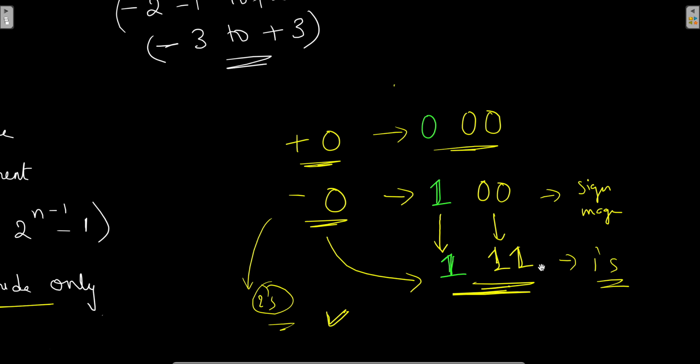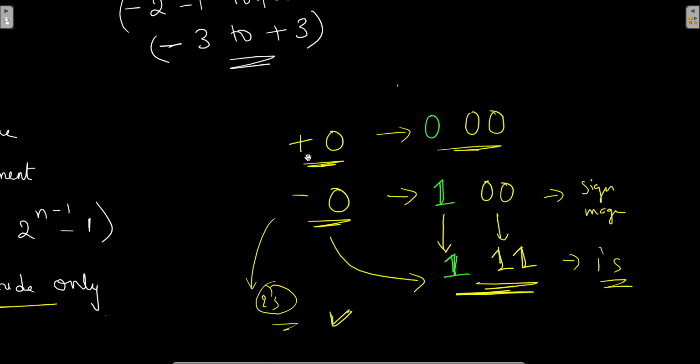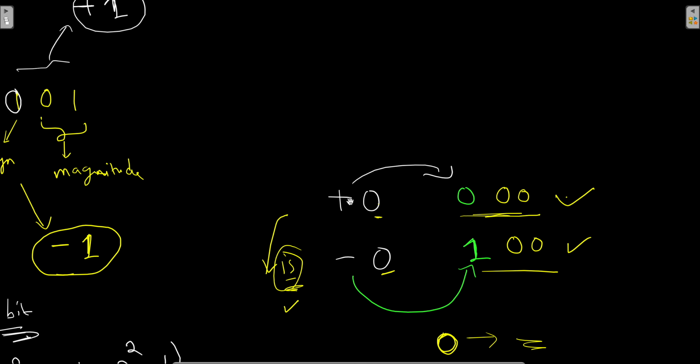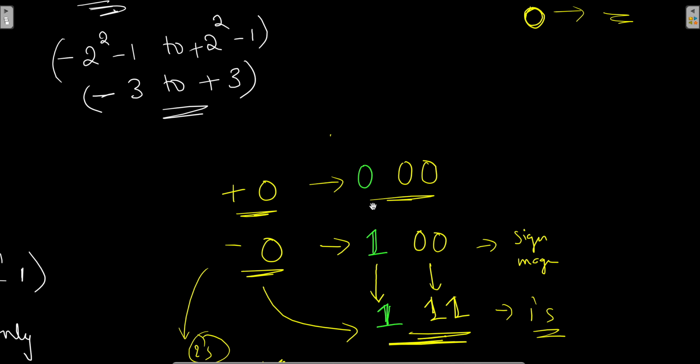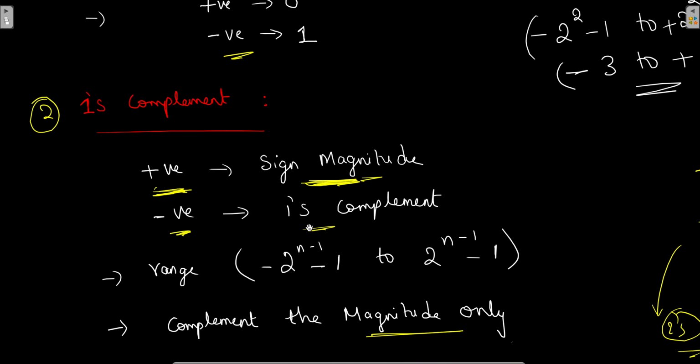For negative values we do ones complement, and for positive values we take the sign magnitude value directly. For a positive value, this value we can take blindly; that is what I have written here.